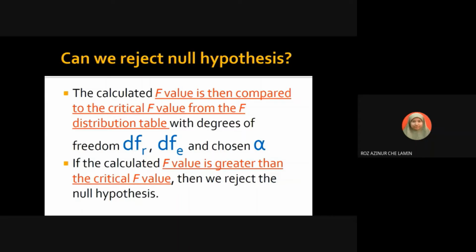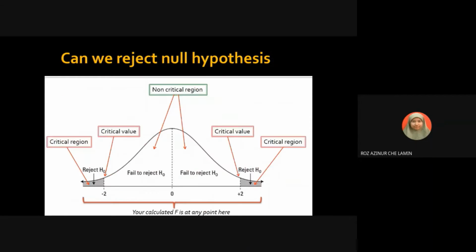If the calculated F value is greater than the critical F value, then we reject the null hypothesis. Let's say your F value is higher than the critical value, you have to reject the null hypothesis.